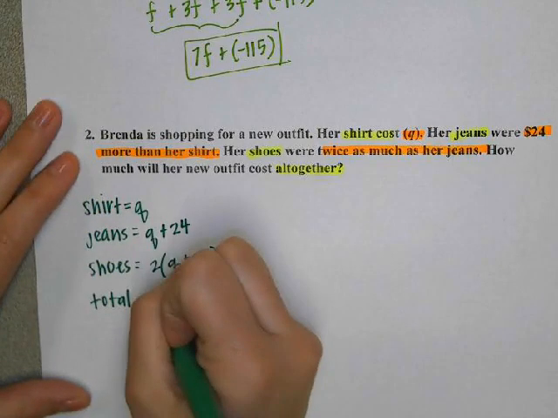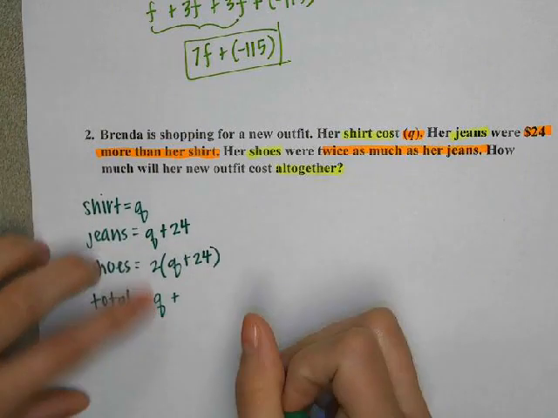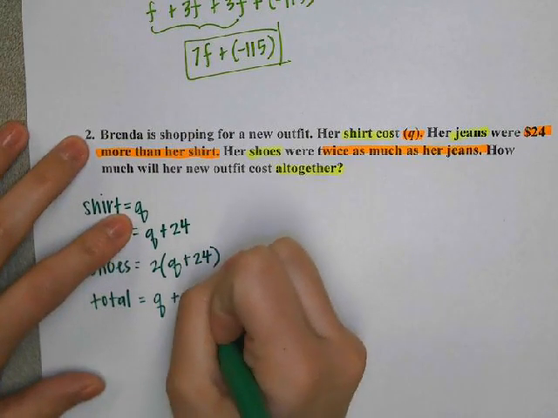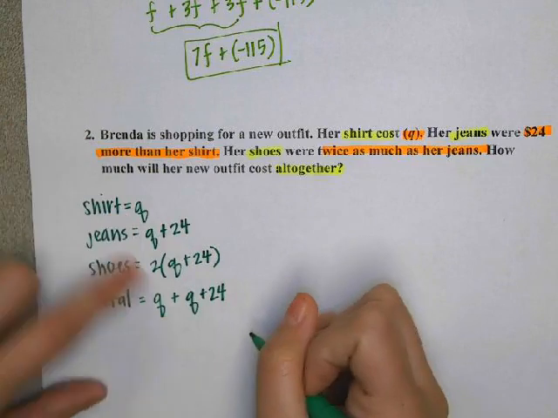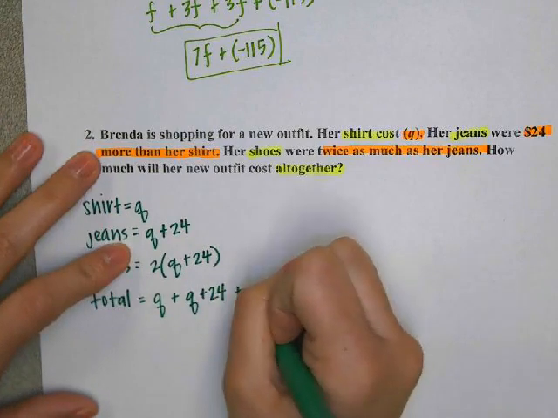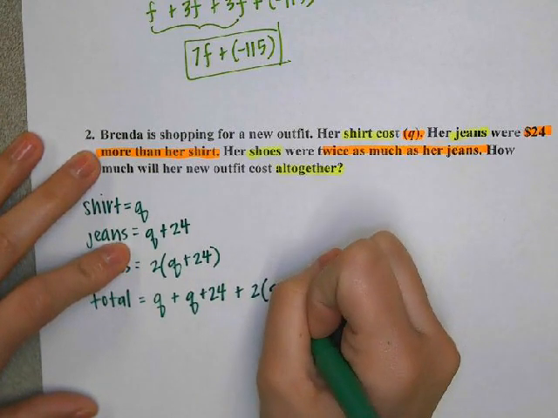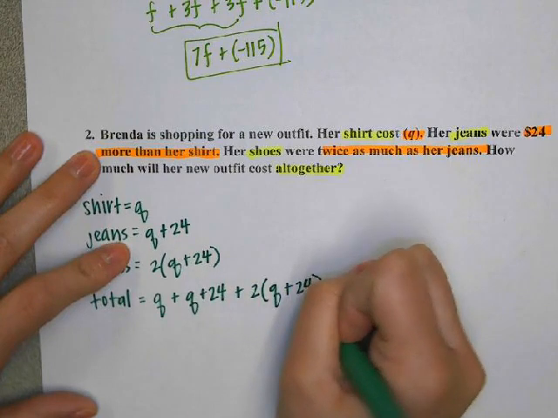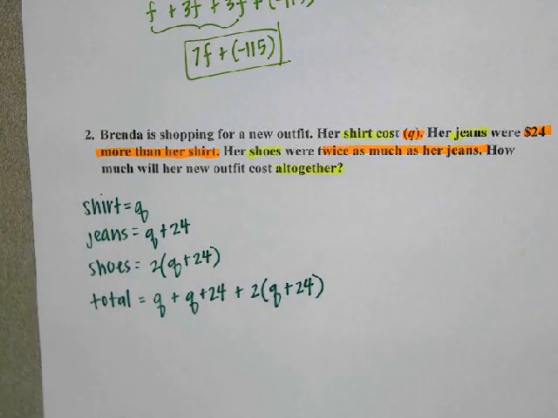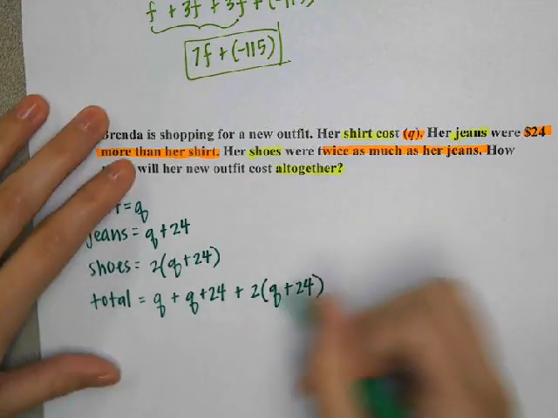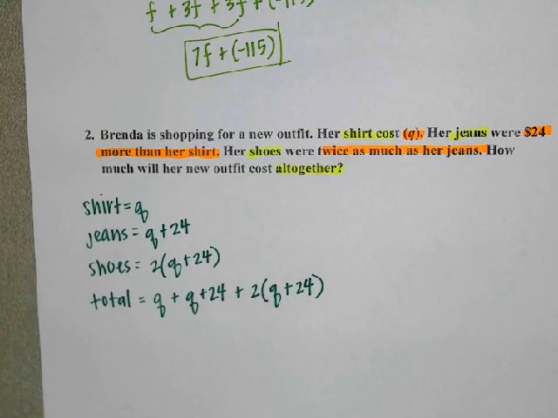So take my shirt plus my jeans plus my shoes. Now before we can just drop the parentheses, we do need to take care of the distributive property right here.